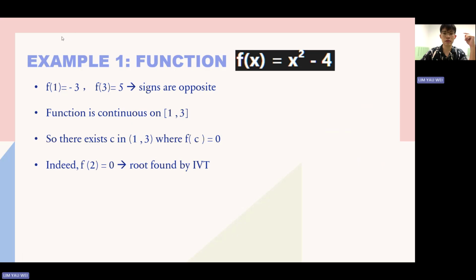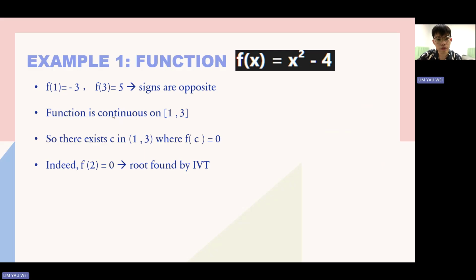Let me show example one. The function equation is x squared minus 4. If we put the variable 1 in the function, we get negative 3, so this is the negative sign. If we put 3 inside the function, we get 5. So the signs are opposite, one negative, one positive.